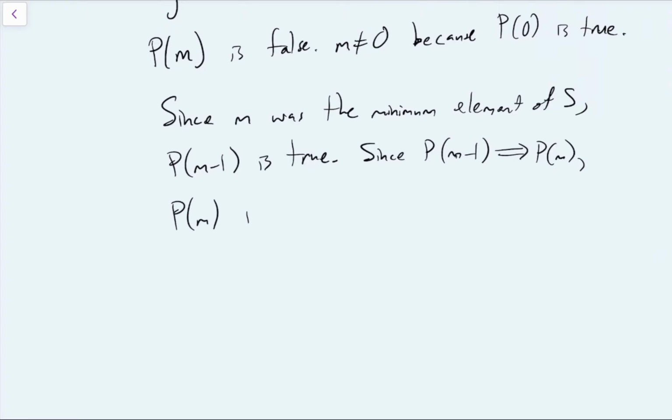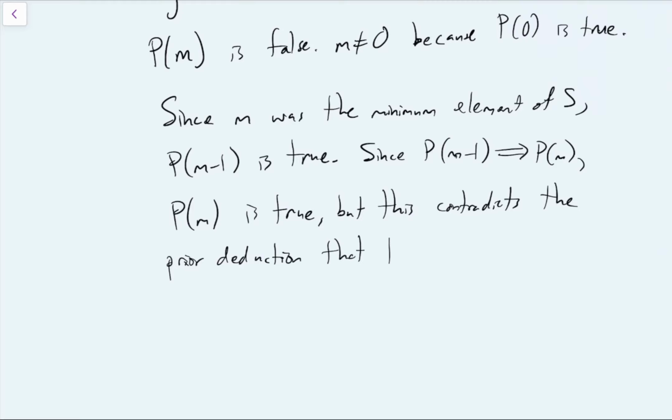We have p of m is true, but this contradicts the prior deduction that p of m is false.